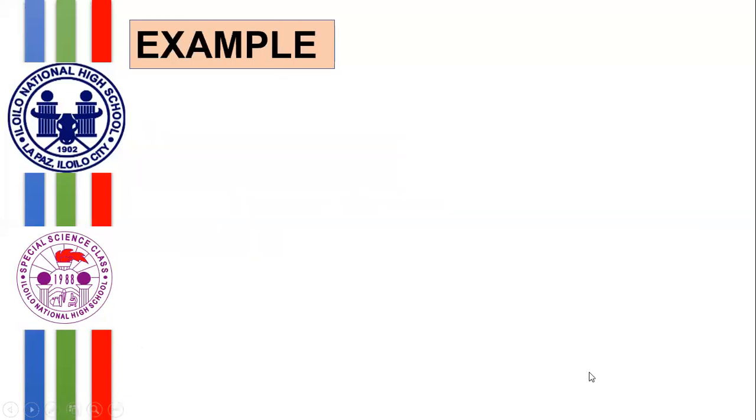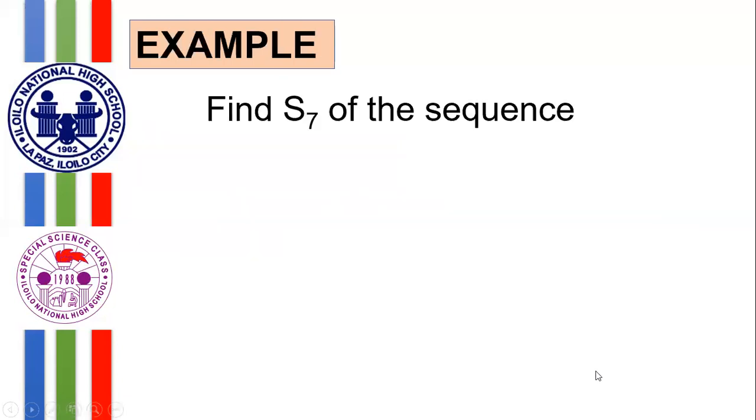Now, for example, I would like you to find S sub 7 of the sequence 1, 3, 5, 7, 9, and so on. You could see that this is in fact an infinite sequence, because you have a first term and you have no last term here.